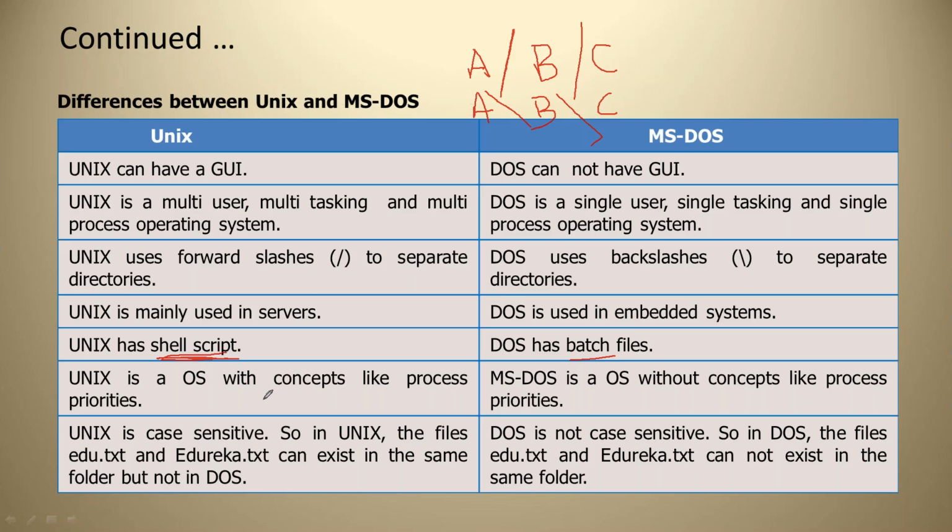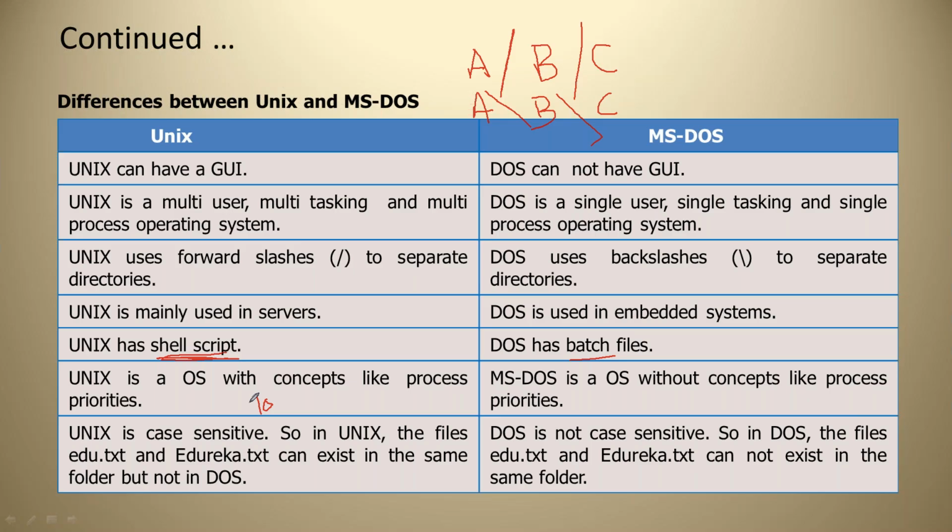Unix is an operating system with concepts like process priorities. These features are also available in Unix. Suppose we have 10 tasks. We can schedule those 10 tasks. Task number 1 will execute first, task number 3 second, task number 4 third, like that. We can schedule which task will execute in which priority.